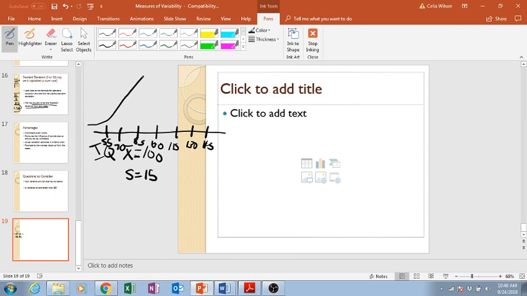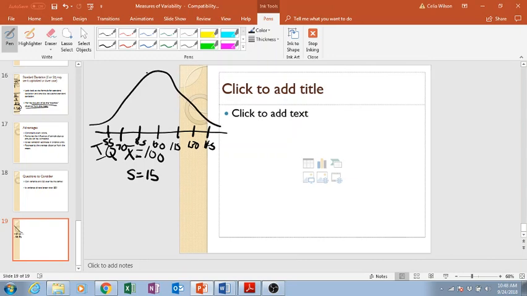And a normal curve, you've probably heard talked about as a bell curve. So just pretend like that's a nice, beautiful bell curve. Your mean is at the height of your bell or your hump, however you want to think about it. When we have a normal distribution, we know some really standard things about them.